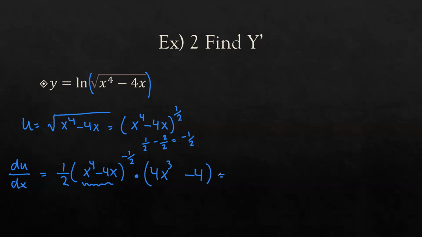When you clean that up, it should be 1/2 over the square root of x to the 4th minus 4x, and then the top is 4x cubed minus 4. On the top, it looks like you could take out a 2.